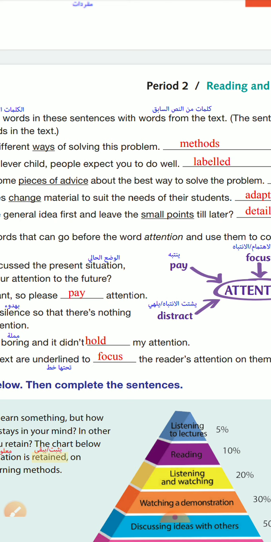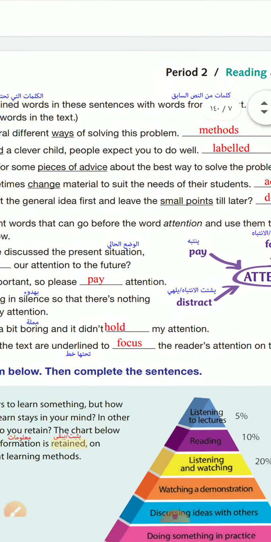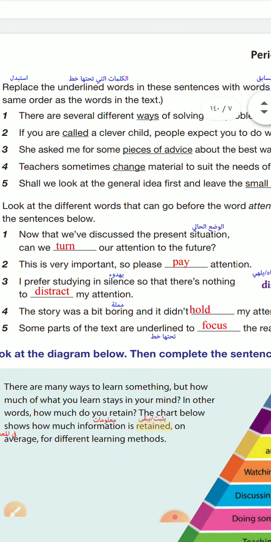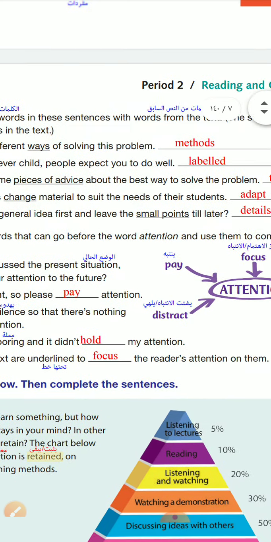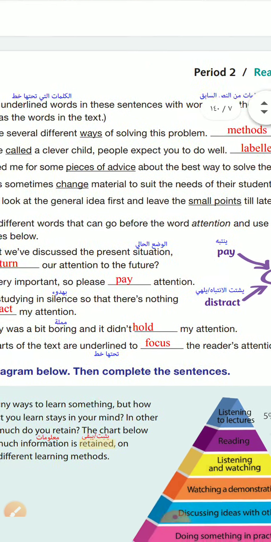Change, what is the meaning of it? Adapt. Change, يتأقلم أو يغير. Number 5: shall we look at the general ideas first and leave the small points? What does it mean? Small points, which means details, تفاصيل.